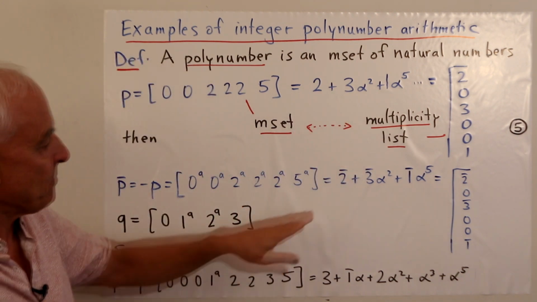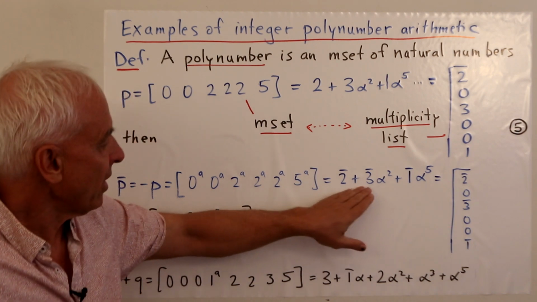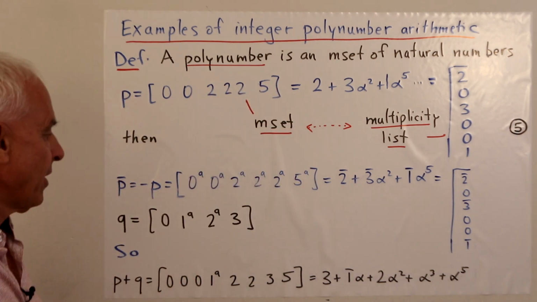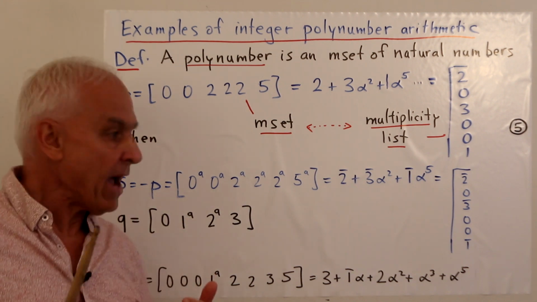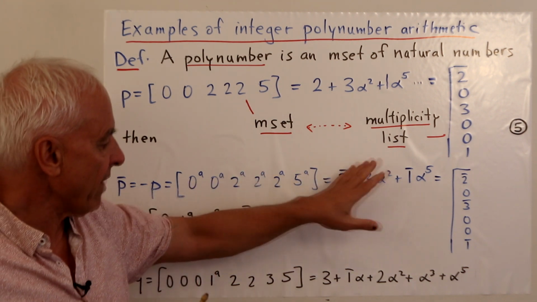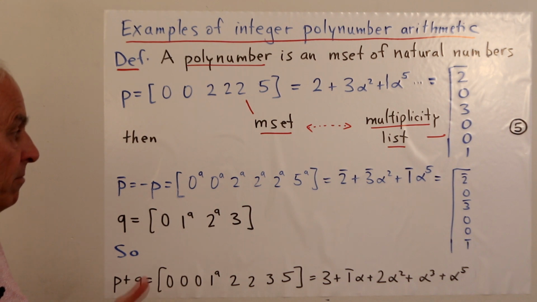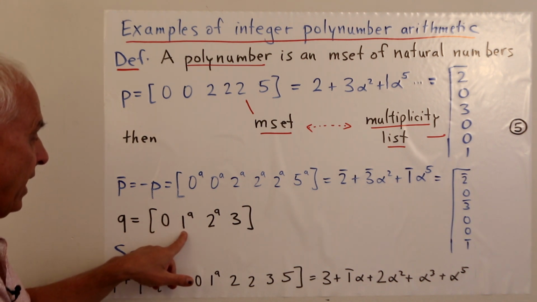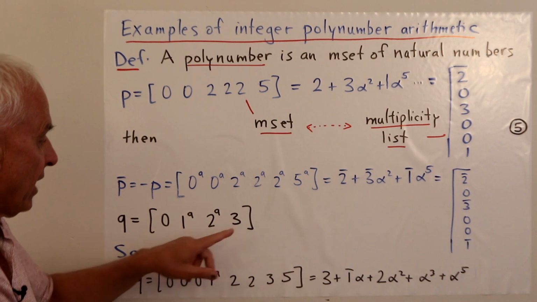But anyway, this is the negation of this thing here in an obvious way. But we're also allowed to mix and match these things. So we can have a situation where we have a polynumber which has both positive and negative coefficients. For example, this q thing here, have a look at it. It's the mset 0, anti-1 a, anti-2 a, and 3.